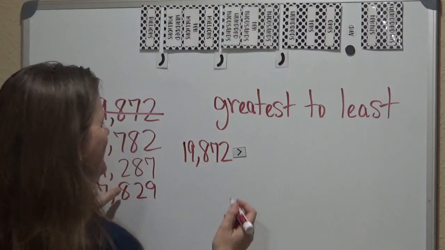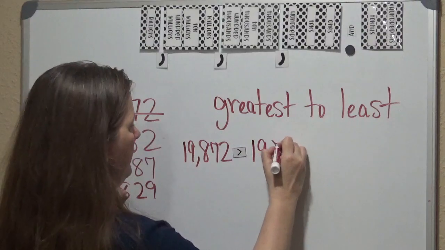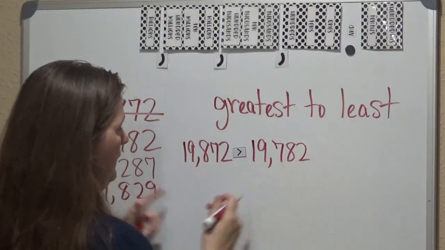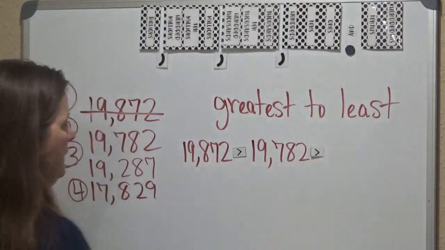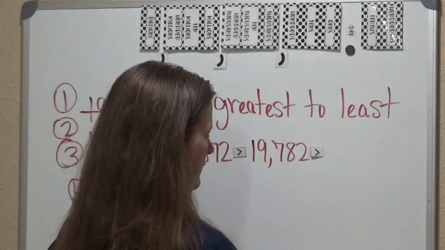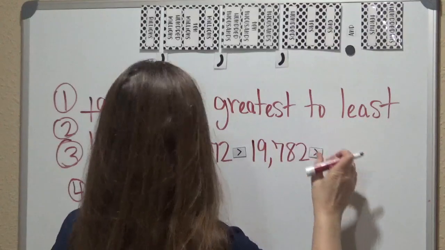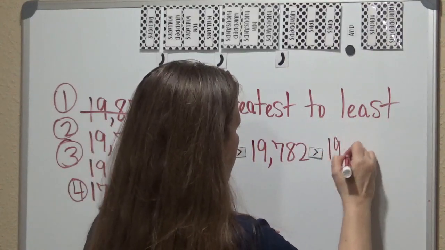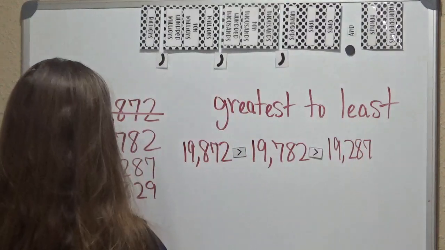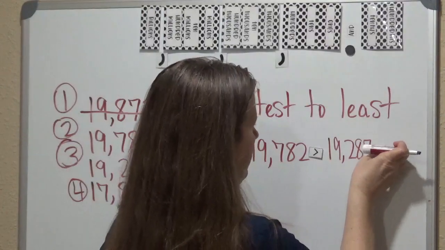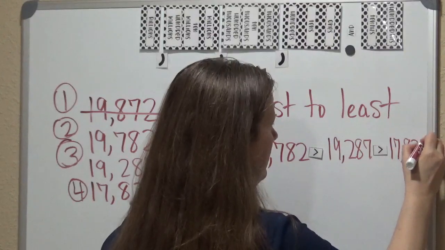How about that? So then we have 19,782 is greater than 19,287 is greater than 17,829.